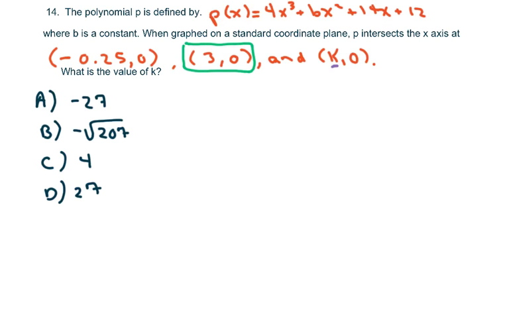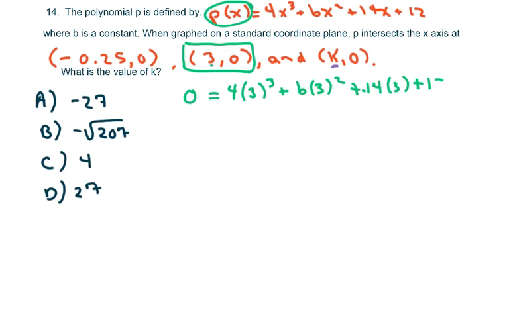So I'm going to plug in 0 for y and 3 for x. This gives you 108 plus 9b plus 123 plus 12, which gives you 243 plus 9b.